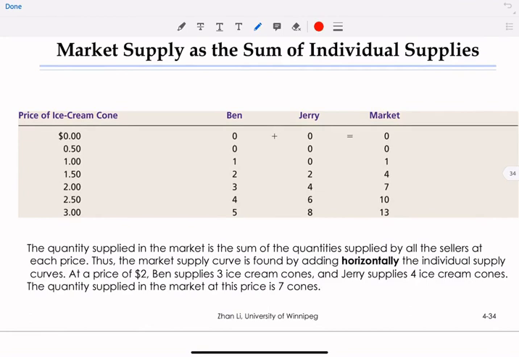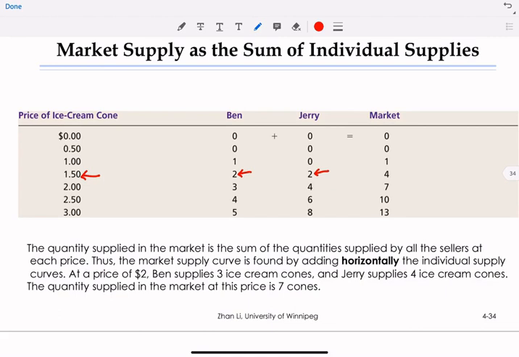And now we have the quantity supplied for Ben and Jerry. So let's say we want to find out what is the quantity supplied by the market if the price is 1.5. Well, we could see that the quantity supplied by Ben is 2 and the quantity supplied by Jerry is 2.